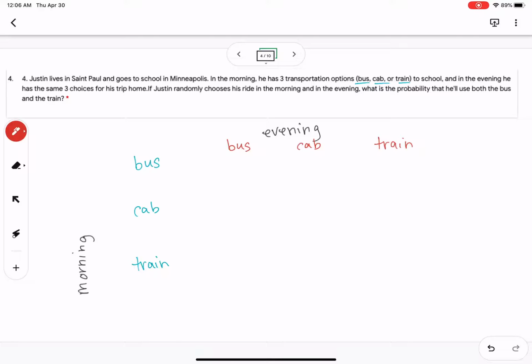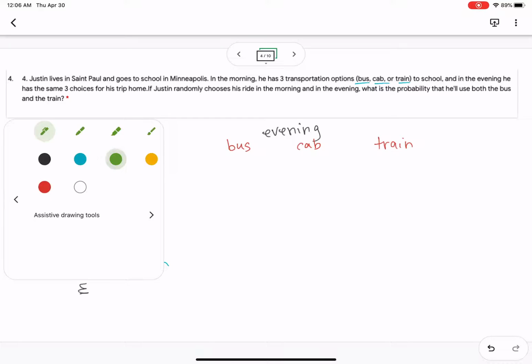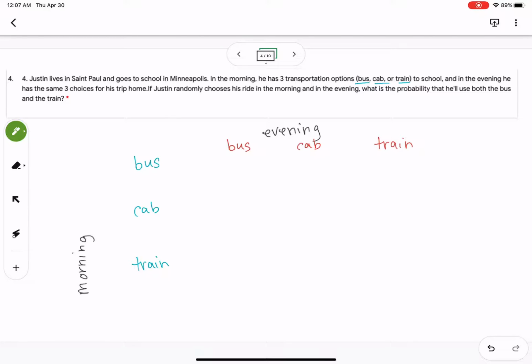So now let's just put those options together. So let's say he rides the bus in the morning. He could ride the bus in the evening. If he rides the bus in the morning, he could take the cab in the evening. Bus in the morning, and he could take the train in the evening. So those are all our options if he takes the bus in the morning, right? Now let's look at the cab. What if he takes the cab in the morning?